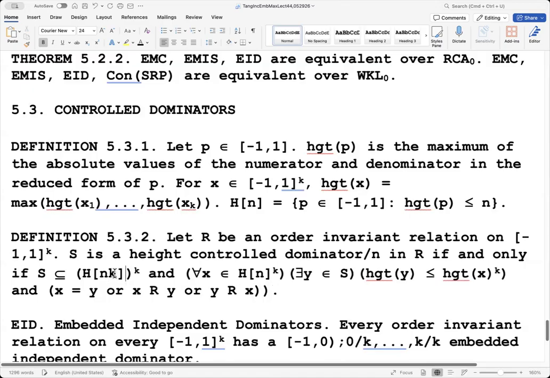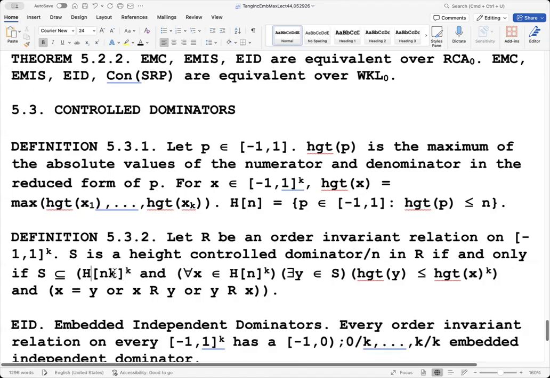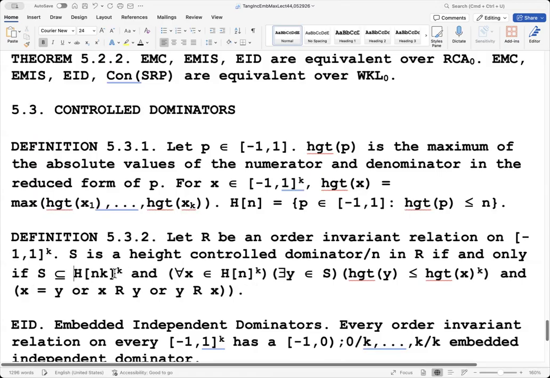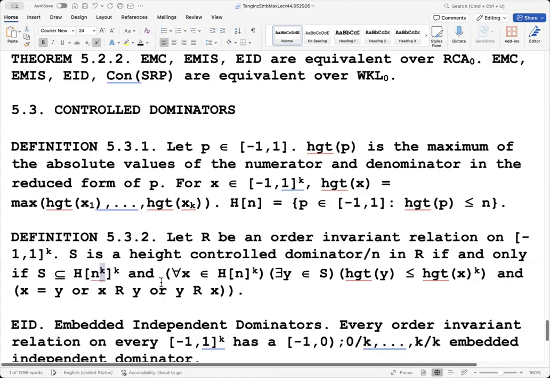There we are. Okay, there are two K's here.